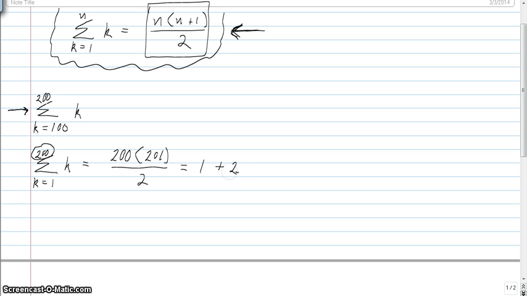So let me write this out in a way that we can see where we want to go. I'm going to sum 1 plus 2 plus 3, and so on until I get to 99 and then 100, and then I'd go past 100, and so on.